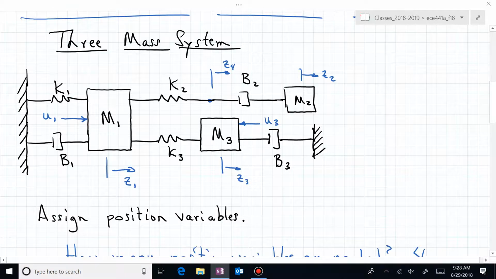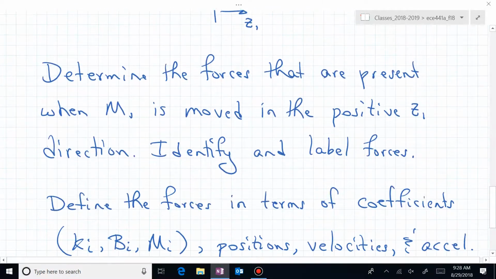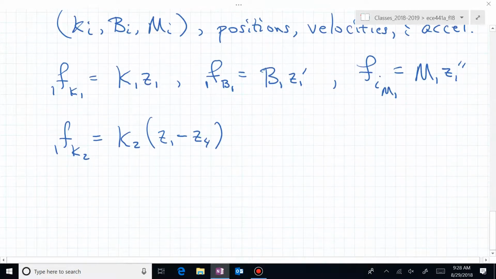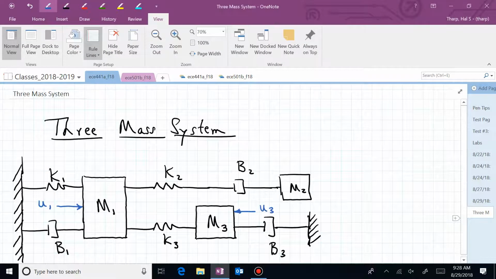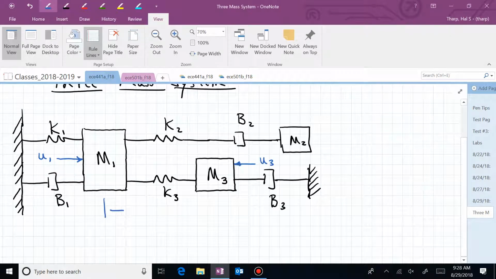Comfortable with that? What about F1, the last one, F1 sub K sub 3? And you have to go back to your original diagram, see how you have labeled it. Whoops, it's not labeled, is it? So Z1, Z3, Z4, and Z2.